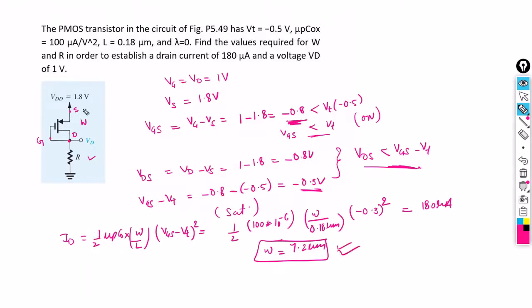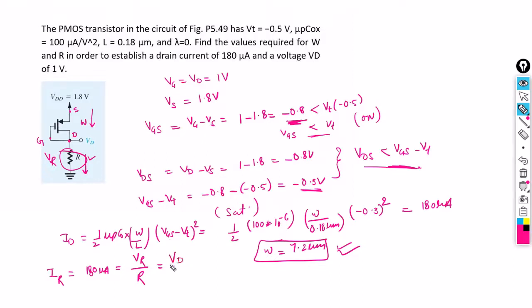Now the current flowing across this PMOS transistor will be the same as the current flowing across the resistance. So we can write IR, which means the current across the resistance is 180 microampere, and we can represent IR as the potential difference across the resistance divided by the resistance itself, and thus VR across resistance R is equal to the drain voltage of the transistor.